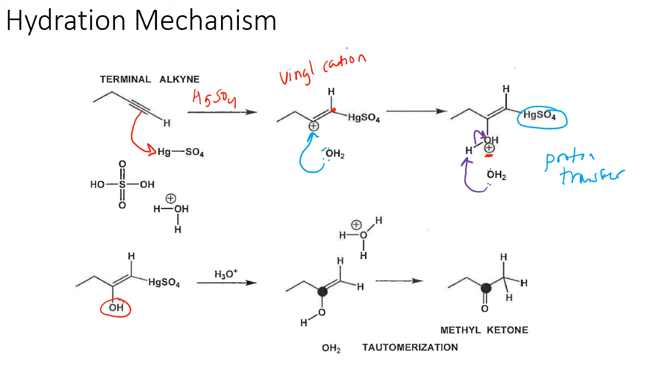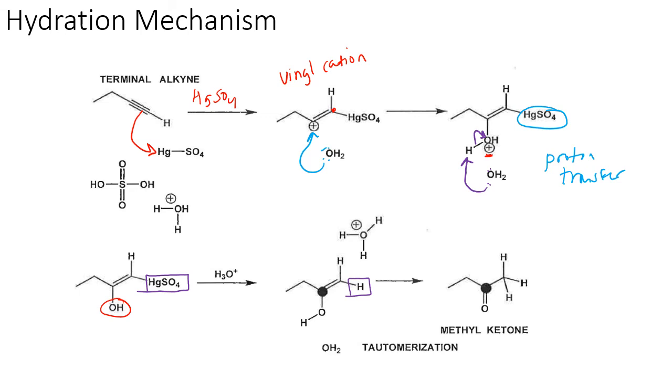We're not going to go through the mechanistic steps of replacing our organometallic mercury sulfate, but know that when you have it in acid, that gets replaced with a proton. So the acid helps essentially remove that mercury sulfate from your intermediate at this step.